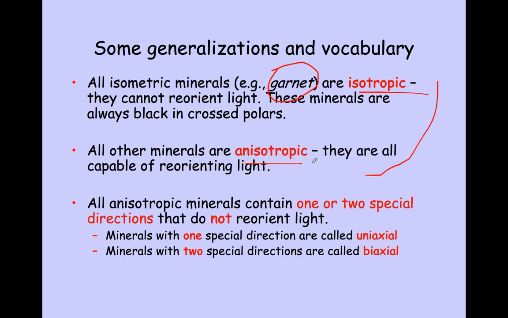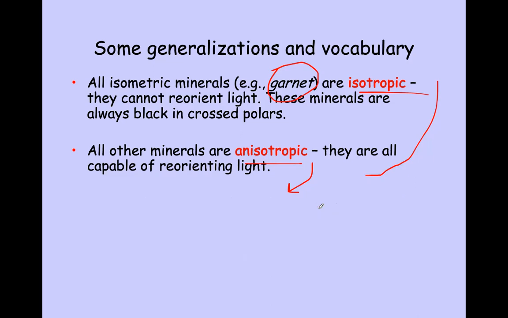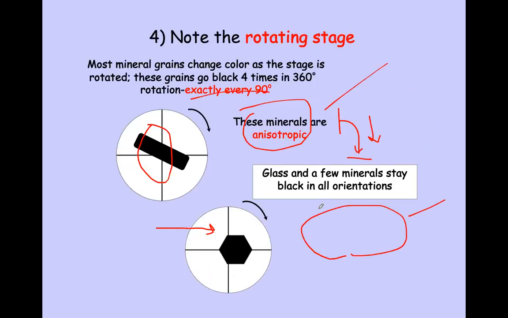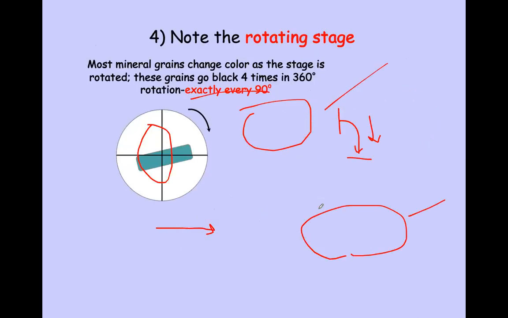And from these anisotropic minerals, we have another two subcategories. There are some special directions where they cannot reorient the light. For example, in the previous case, when you rotate the stage, in some directions it becomes black, right?